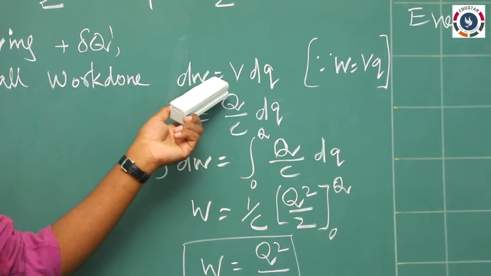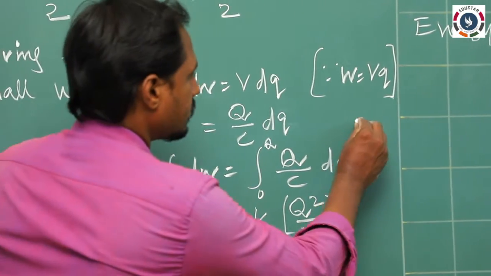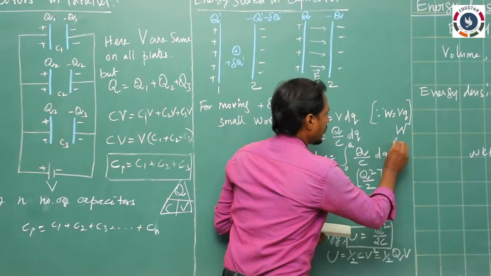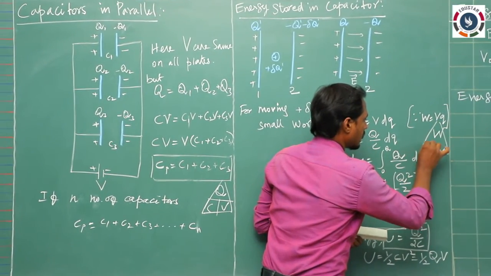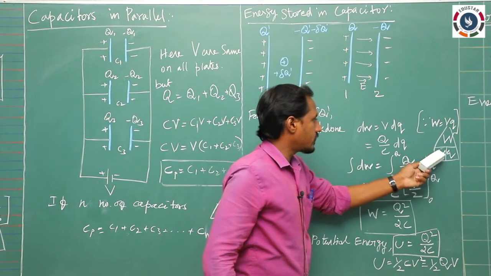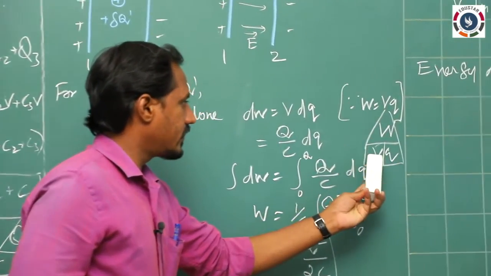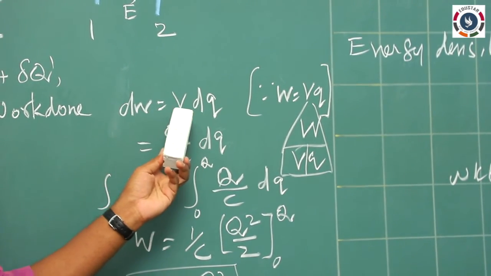We know the formula W equals VQ. We can make the triangle and easily write W equal to VQ, or V equal to W by Q, or Q equal to W by V. Here we need dW equal to V into dQ.